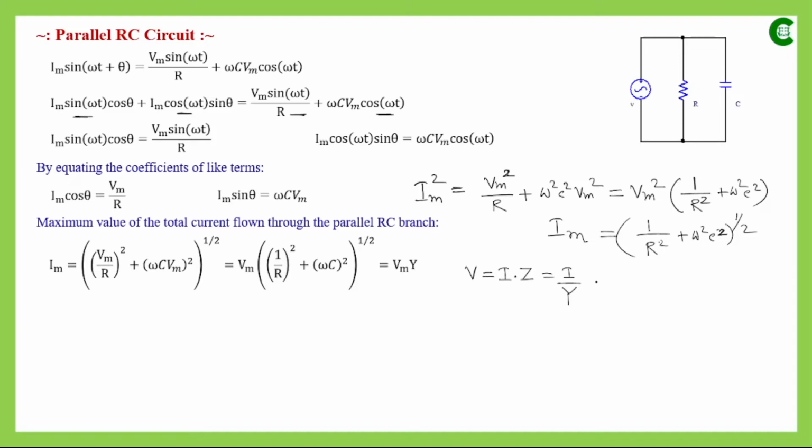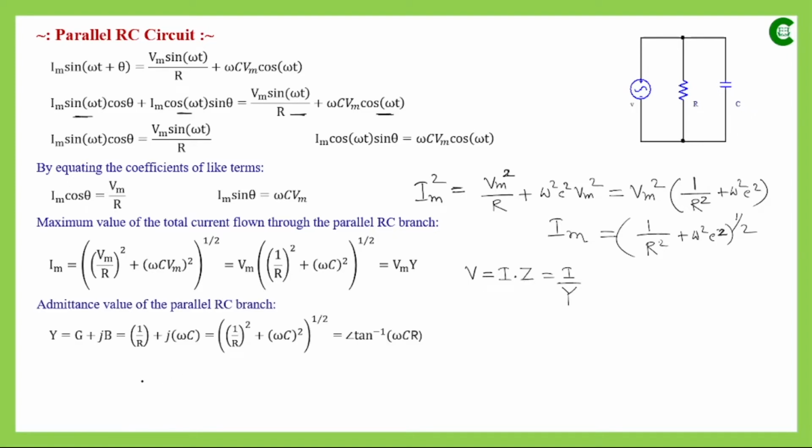Or on the other side, we can say that the phase angle of the impedance term will be lagging in nature. So in case of an RC circuit, the phase angle of admittance is leading in nature, and the phase angle of the impedance is lagging in nature.